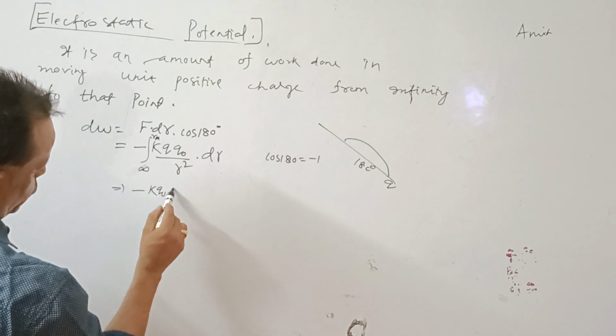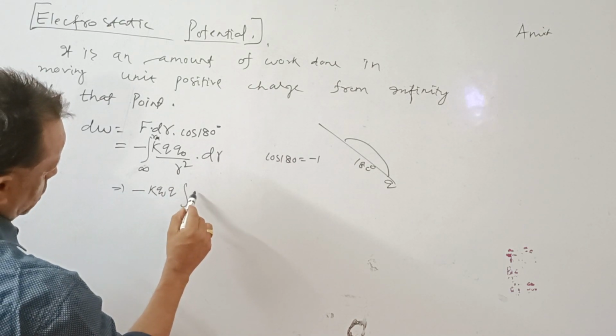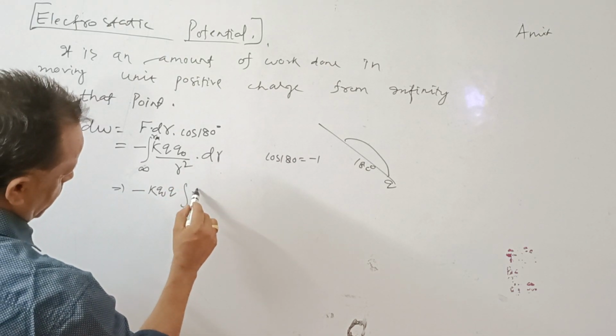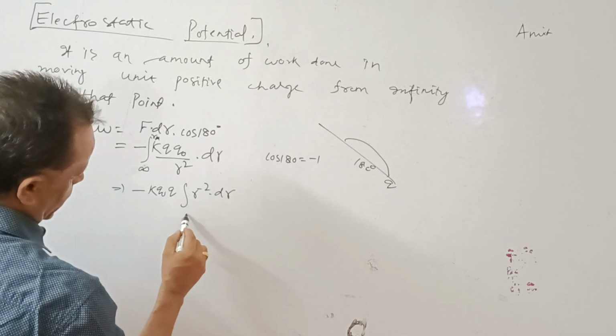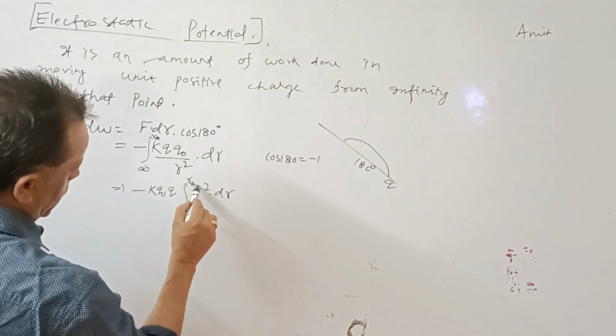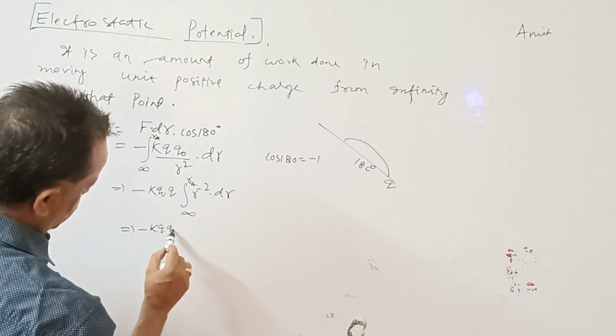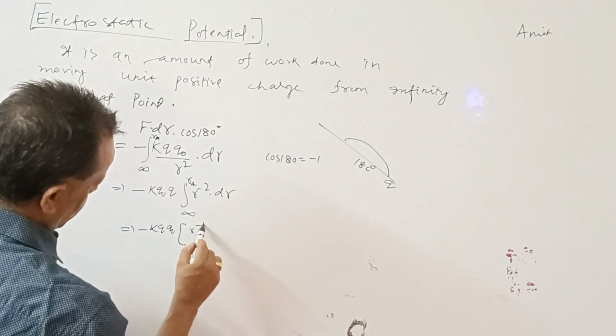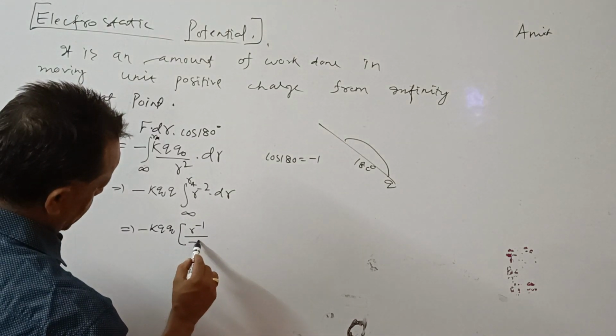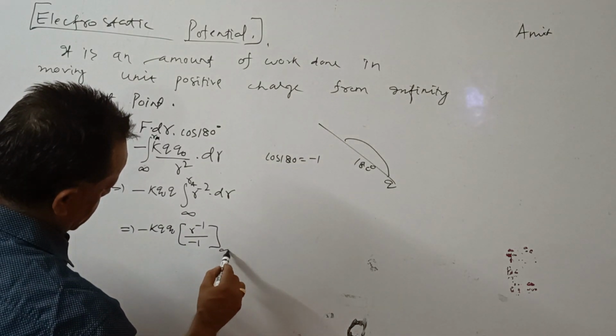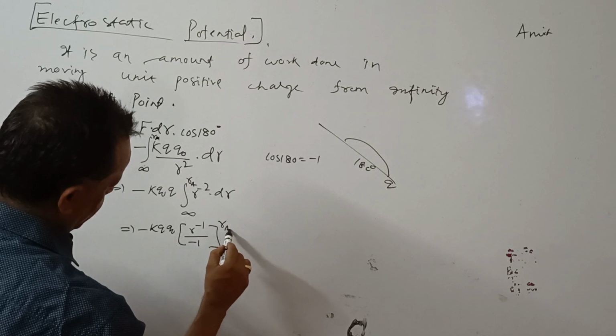This is K Q, and it will go upside and become minus R to the power minus 2 delta R, from infinity to that point. When we integrate it, it is coming out to be R to the power minus 1 upon minus 1, from infinity to that point.